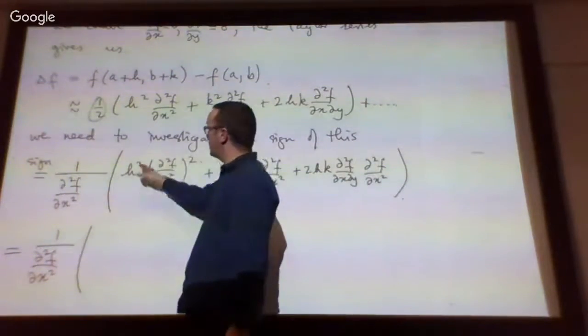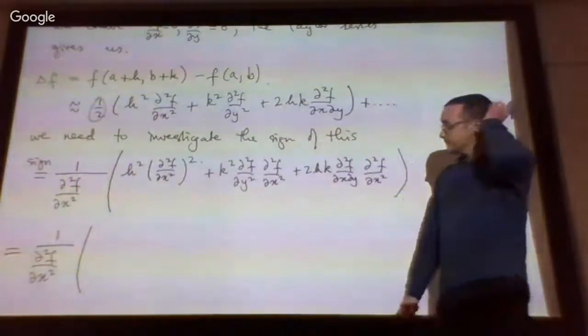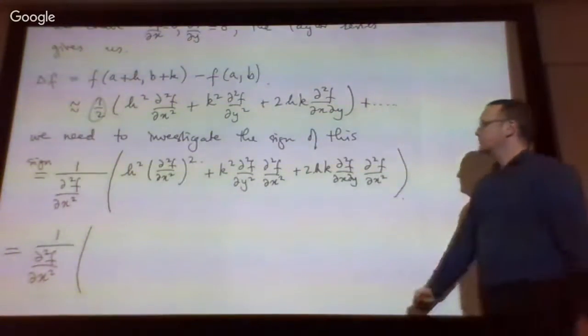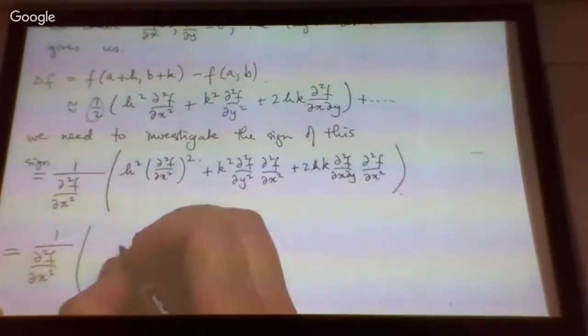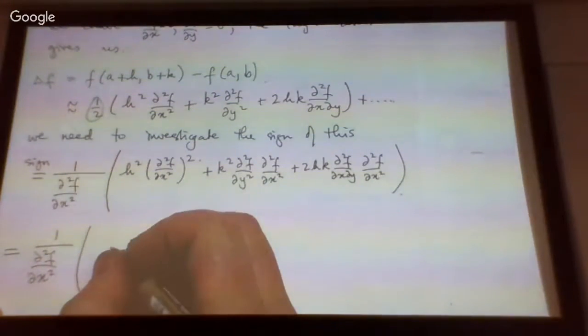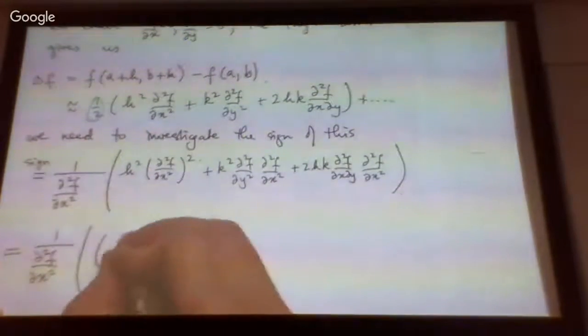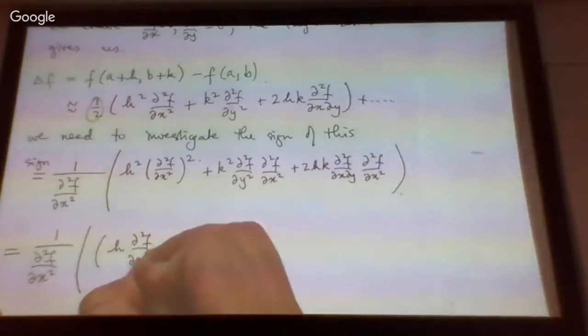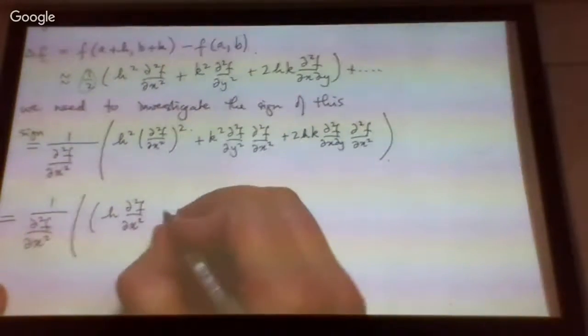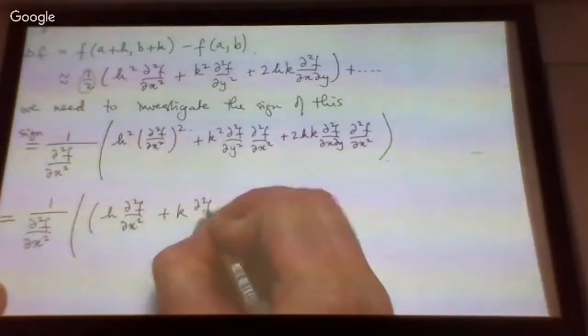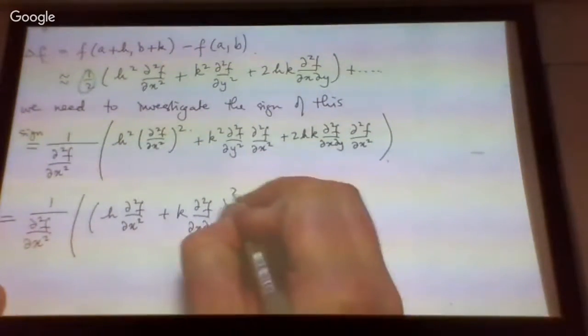Obviously, I can take the square of h times d2f dx squared, and then multiplying the k over here, I will have k times d2f dx dy. So I'm going to take the square of all that.